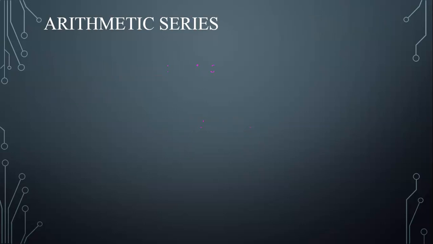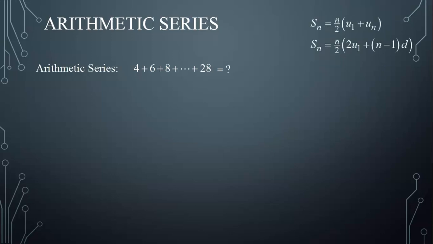Going through this next example, I am given an arithmetic series that starts with 4 and ends with 28. In order to find that sum, I also need to refer back to the two possible expressions I have for the sum of the first n terms.